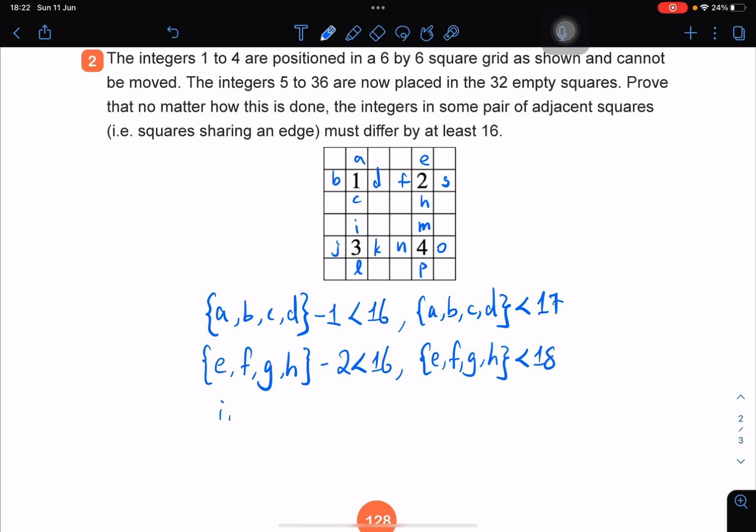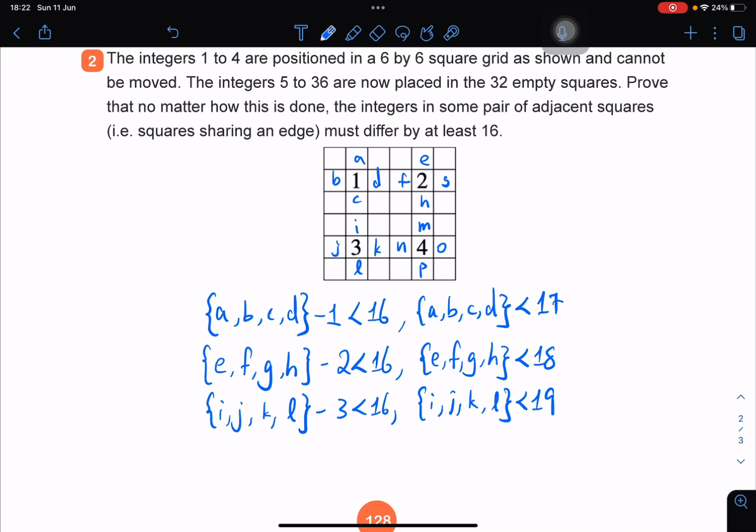Now we have I, J, K, L, take away 3, smaller than 16, which means that I, J, K, L are all less than 19. And finally, we have M, N, O, P, take away 4, less than 16, which means that M, N, O, P are all less than 20.